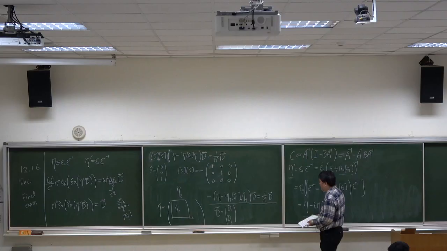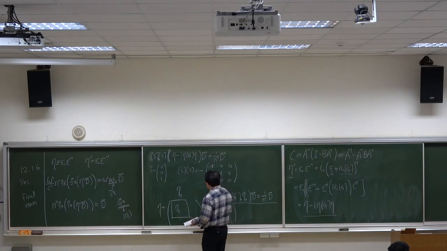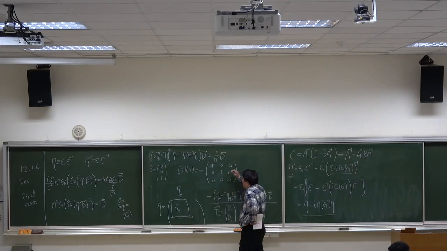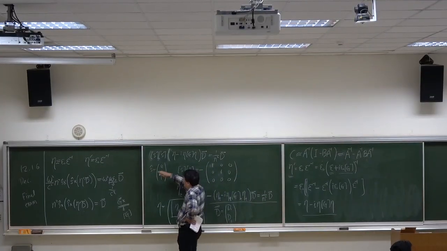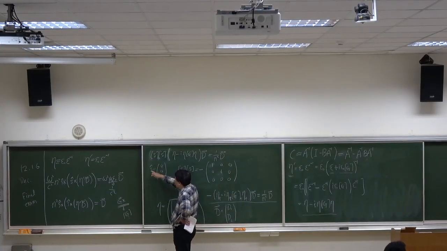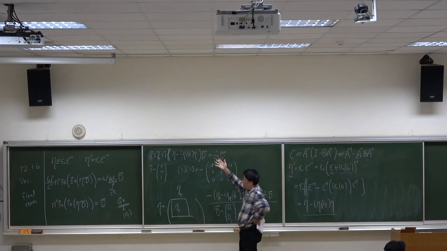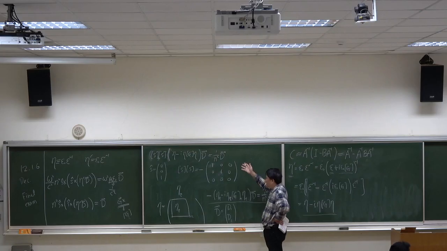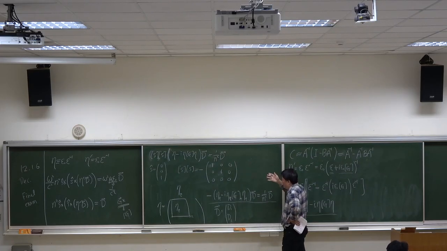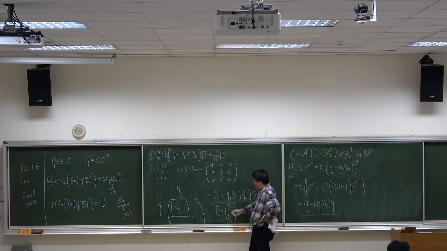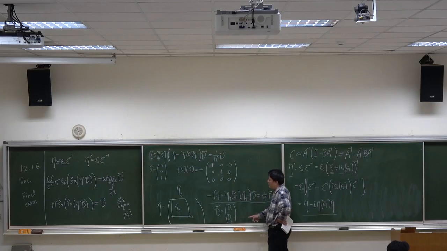That's how to solve this problem. We choose the S to be along the third axis, okay? And then since D vector is perpendicular to the K vector, so D has first and second components, but D has no the third component.